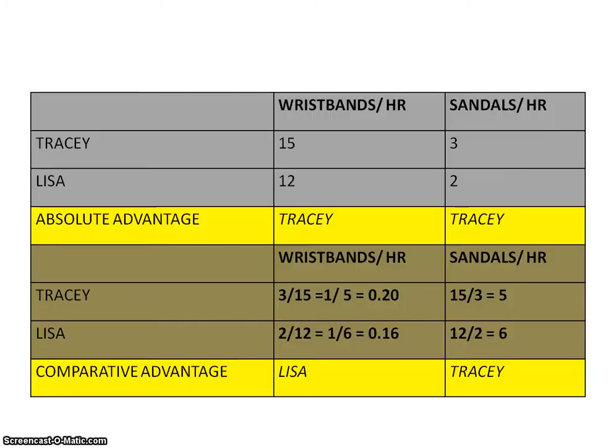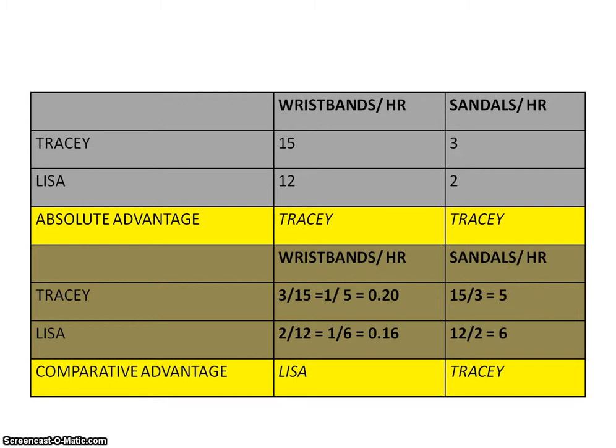Okay, so going back to our table, the information we used there was from Tracey. So Tracey incurs an opportunity cost when she produces. For every wristband that Tracey produces, she loses 0.2 of a unit in sandals. Likewise, for every sandal that Tracey produces, utilizing the same formula and process, she would have given up 5 wristbands.